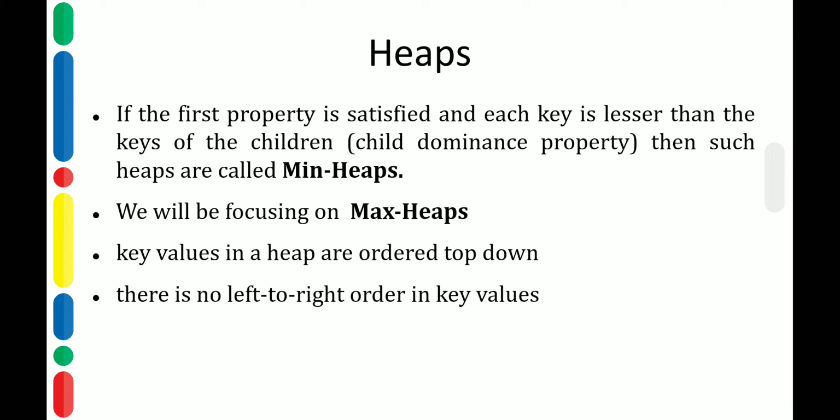The only property it has to satisfy is that every parent node should be greater than its child nodes. Such a data structure is called a max heap, or in other words, a max heap is an almost complete binary tree with the parental dominance property being satisfied.